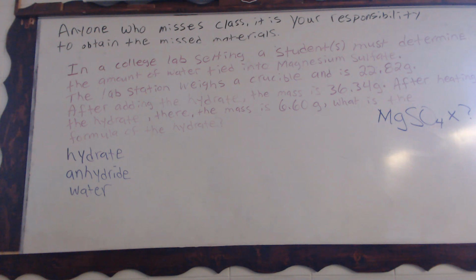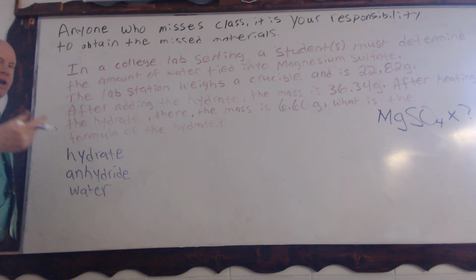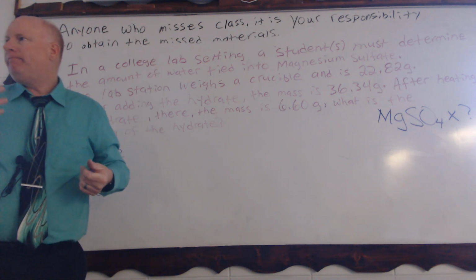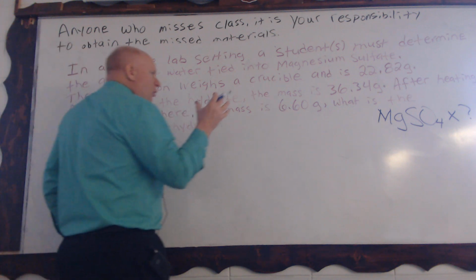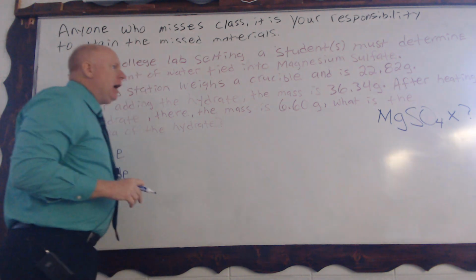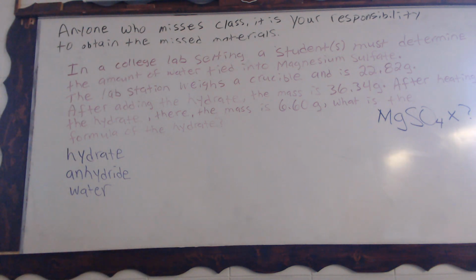So after heating the hydrate, you're driving that water off. You're heating it up and it just evaporates into the air, just magically disappears. So what we can presume is we need to know how much of that hydrate we started with, and it doesn't tell you up here. It's just like, how do you figure out how many bushels are in your truck or your wagon or whatever?